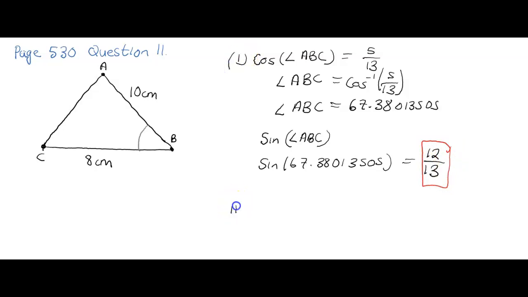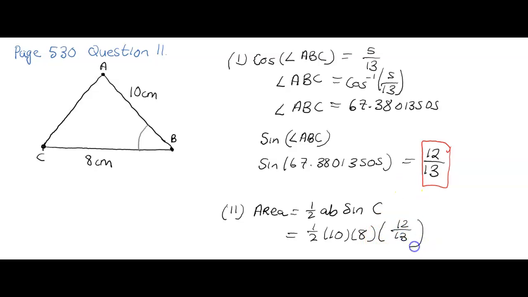Part II then asks to find the area of the triangle. So area is equal to half AB sine C, which equals a half of 10 by 8 sine C, which we found to be 12/13.